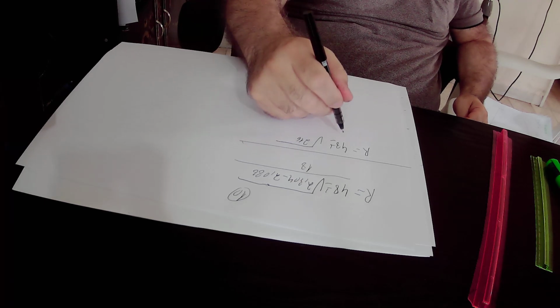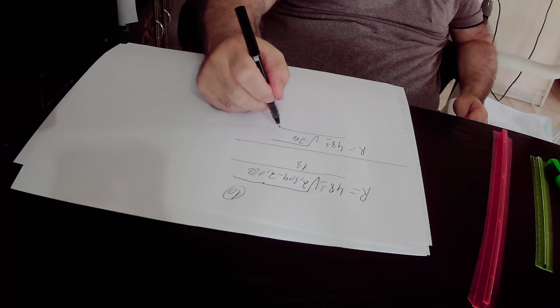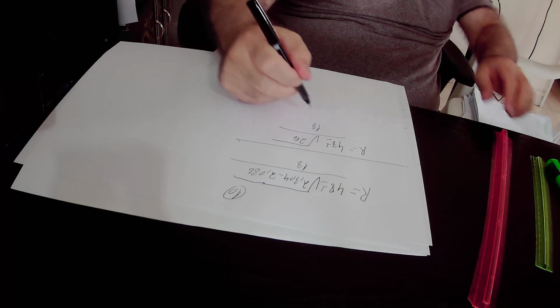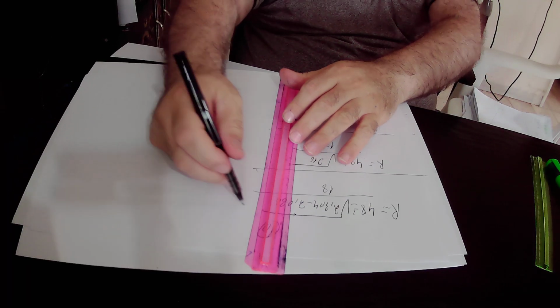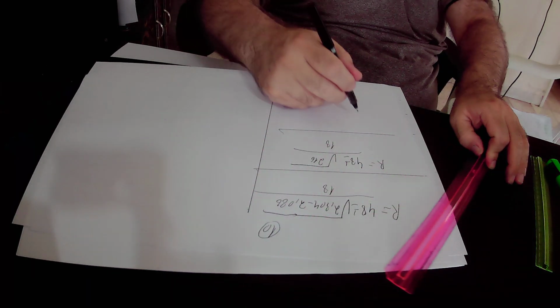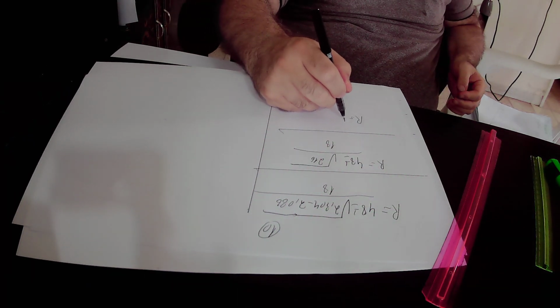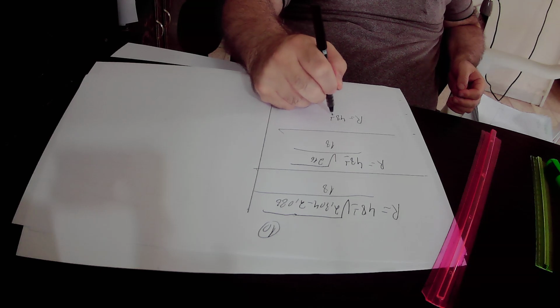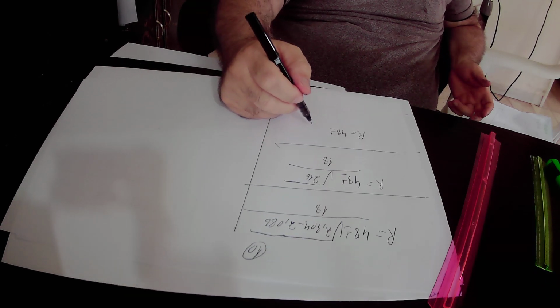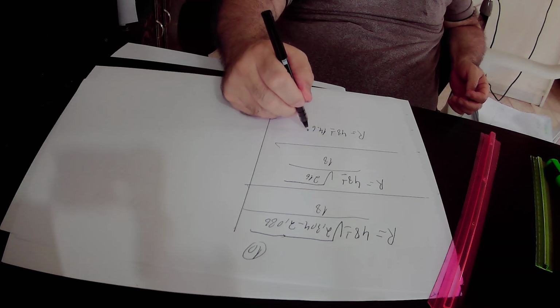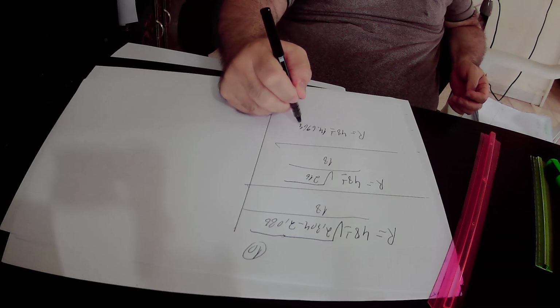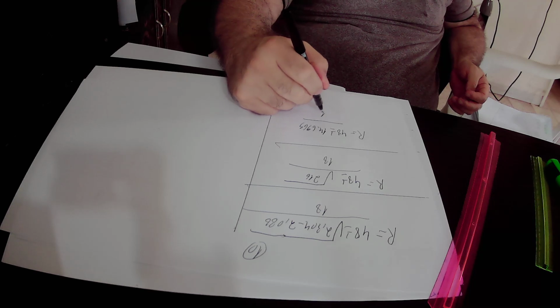So we are left with the root of 216 over 18. So here we have R equals 48 plus or minus the square root of 216, which is 14.6969, over 18.